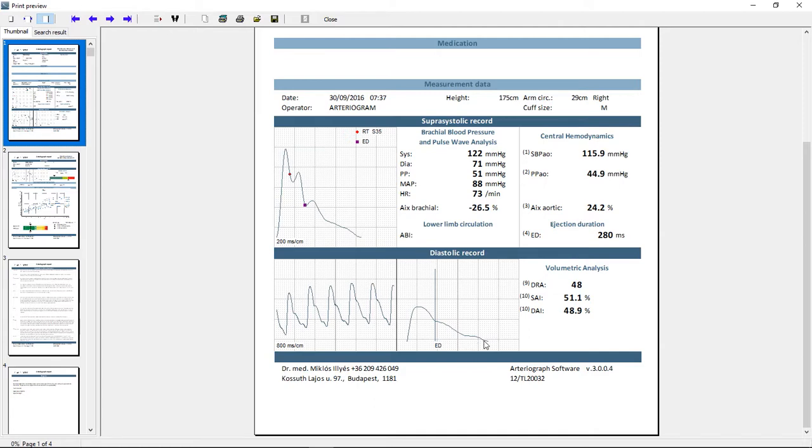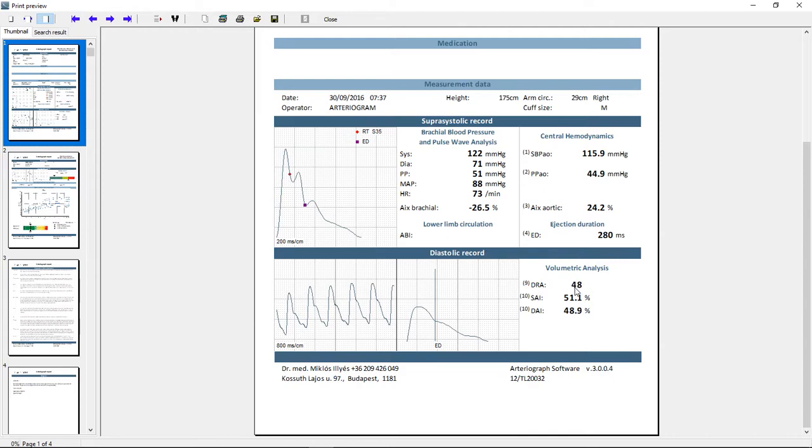The longer the diastole, the higher the pressure during the diastole, the better the left coronary filling. Indeed, the diastolic reflection area parameter describes these circumstances. Thus, the higher the diastolic reflection area value, the better the left coronary filling.